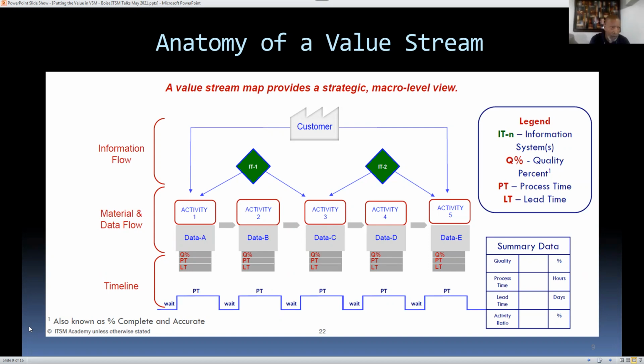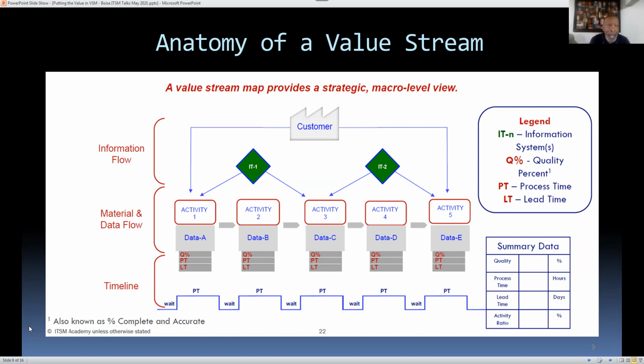That is what is known, I believe the proper term is, as a ladder. Now, the beauty of that ladder is that I can actually attach time points. That first wait could be 2 days, it could be 2 weeks. The process time could be 1 day, it could be 2 hours, it could be 1 week.